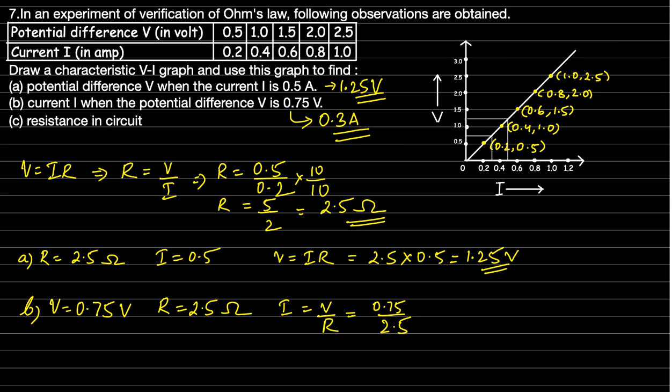So if we multiply numerator and denominator by 100, we get 75 divided by 25 into 10. Instead of writing 250, I wrote 25 into 10, so it is easier for me to cancel. So 25 3s are 75, and 3 by 10 is 0.3 amperes. So we can see that by both the methods we have got the same answer over here.